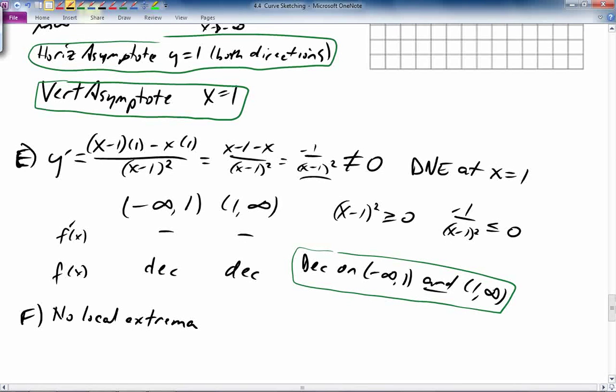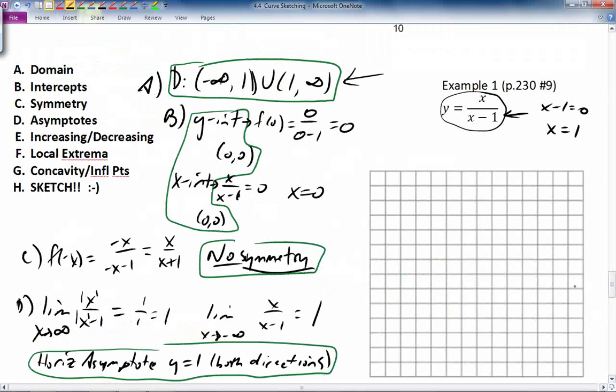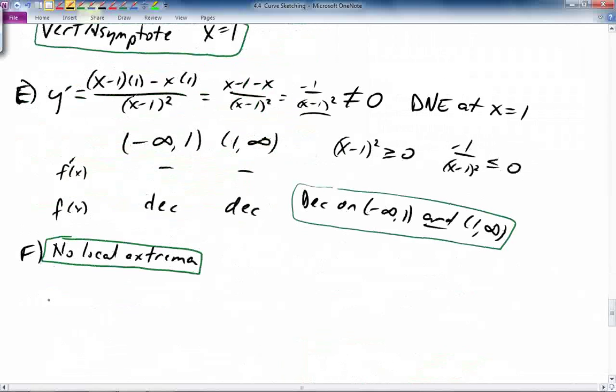Okay, and then the next thing we're to do is to find concavity and points of inflection, and that of course involves the use of the second derivative. So now I need to differentiate my first derivative. And I notice I have negative 1 over x minus 1 quantity squared.